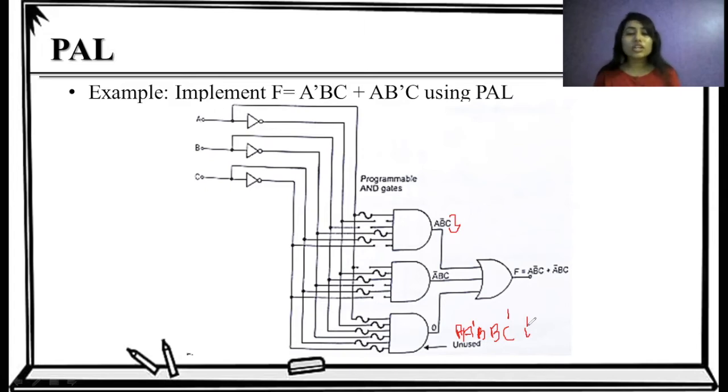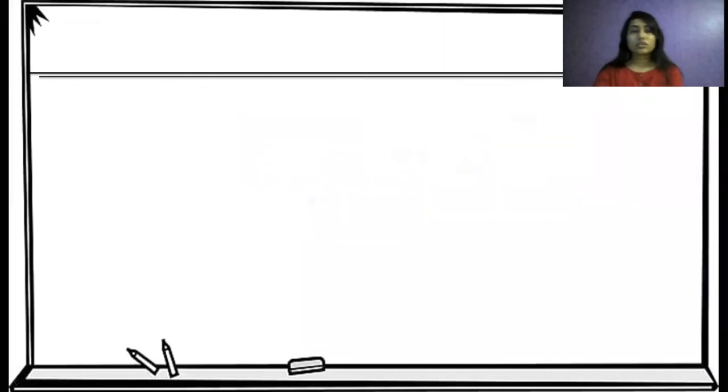Whenever we have an unused AND gate, we can just make all the connections, so we have 0 there, and this product term is given to the OR gate. So at the end f equals a b dash c plus a dash b c plus 0. This is how we can implement a logic function using PAL, as we have a programmable AND array. According to our requirement we can make connections of the inputs to the AND gates.